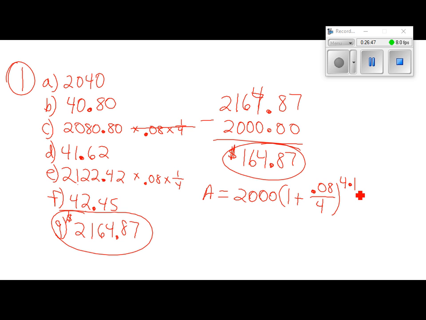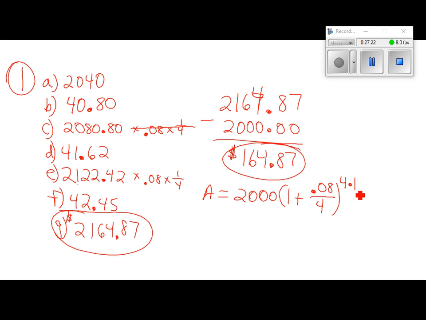Alright, so on your calculator, I'll tell you what buttons to push. Just follow along, make sure you're doing it the exact same way I'm doing it. Type in 2,000, parentheses, 1 plus .08 divided by 4, close the parenthesis.